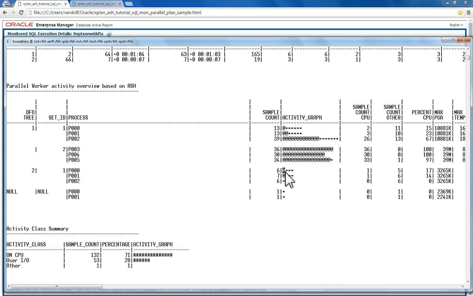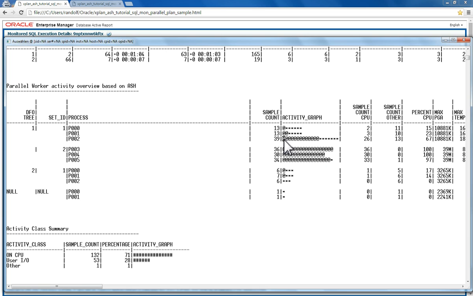So it is okay that this set here is showing a different amount of work than this set and a different amount of work of this set, but what you should watch out for is whether you see per slave set a similar amount of work per slave or not. So this here is an indication that something with the work distribution didn't work out very well.